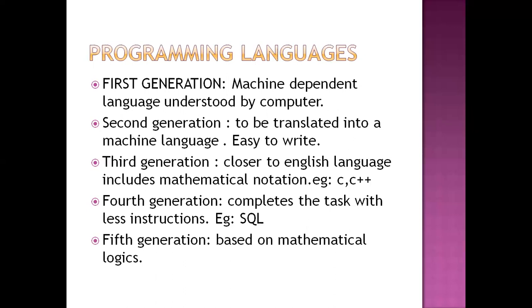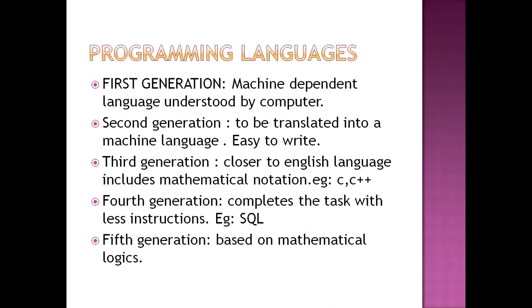So that is the second generation language. There are various abbreviations or words which can be used as in binary numbers. This second generation language is totally dependent on the hardware. That is why this has to be translated into machine language.